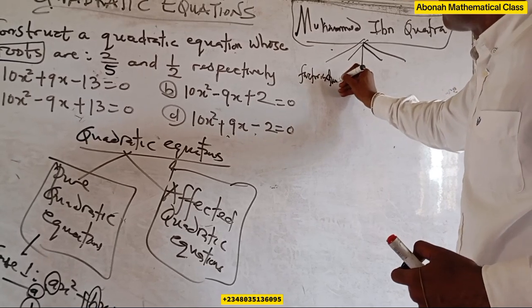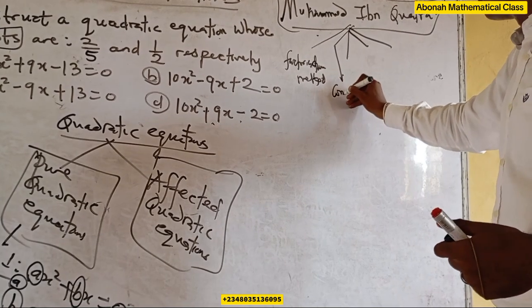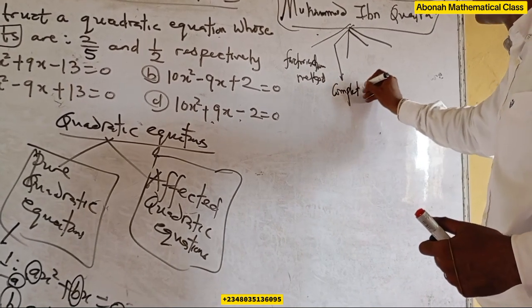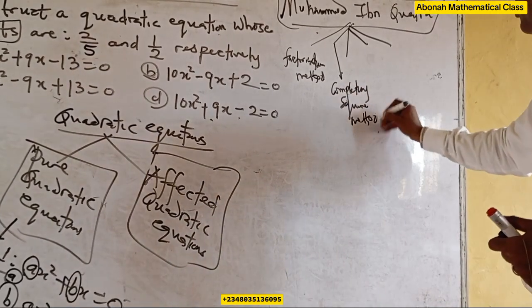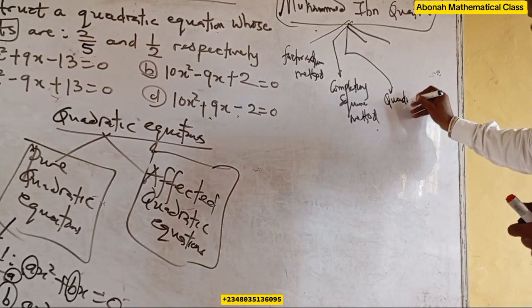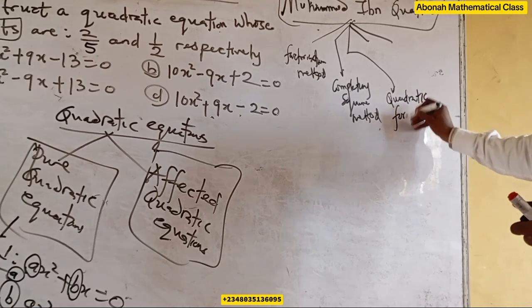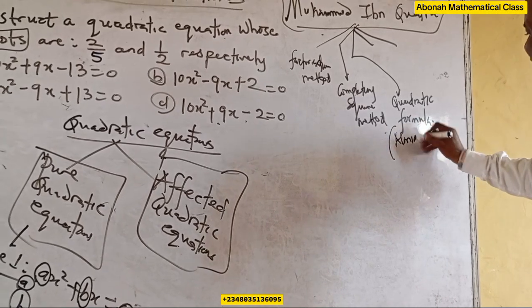Factorization method, that's the first method of solving quadratic equation. Number two, we have the completing the square method. Number three, we have the quadratic formula method, some people call it the almighty formula.